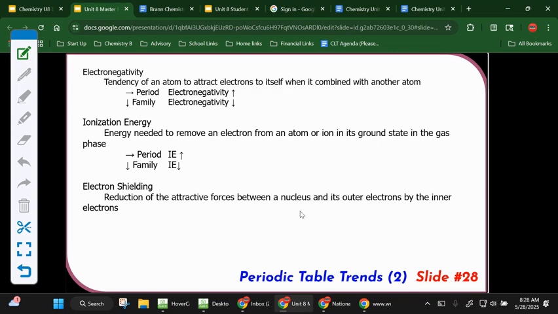But what gets in the way of them are the levels in between. Okay? So, for this one, as you go across a period, electron shielding is constant. Why? Because there are no more electrons between that valence shell and the nucleus. So it is constant as you go across.